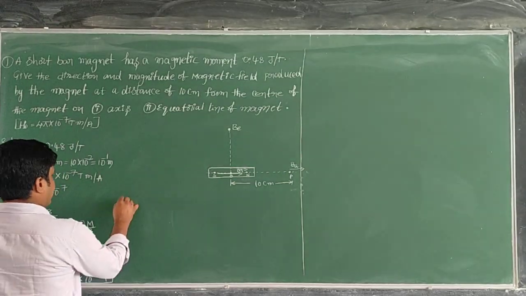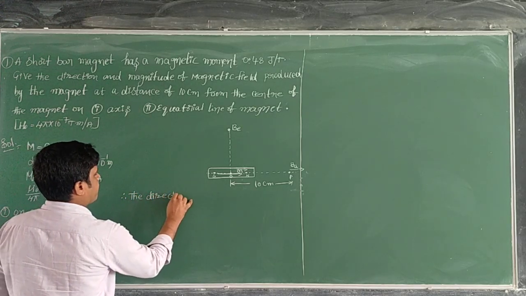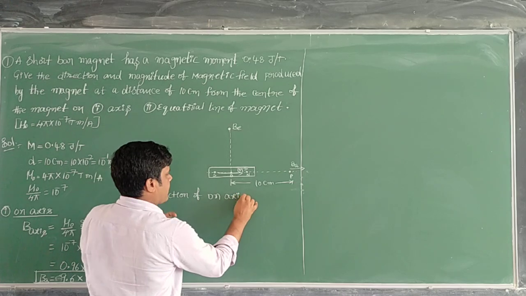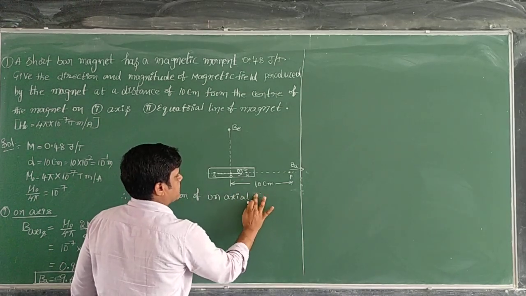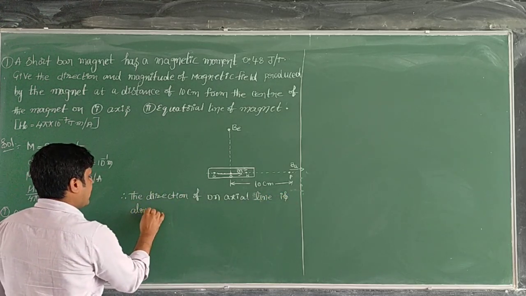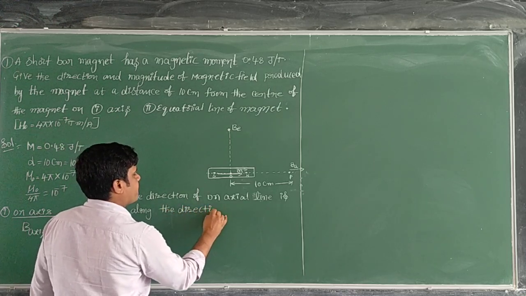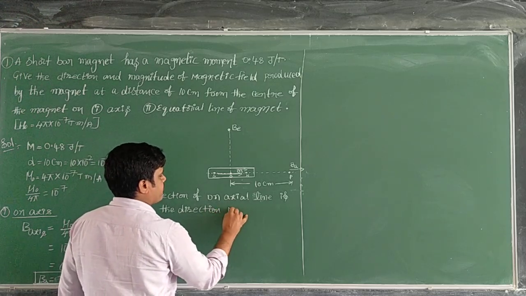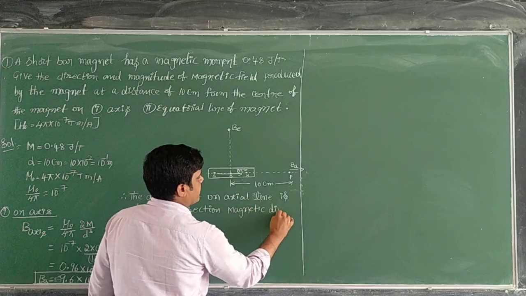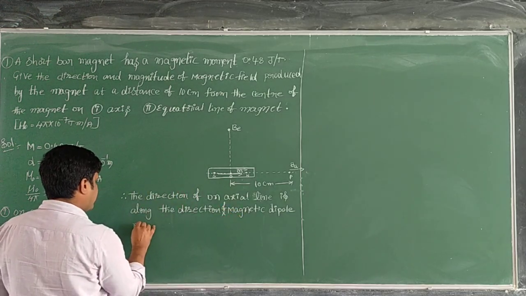Therefore, the direction of the magnetic field on the axial line is along the direction of the magnetic dipole moment.